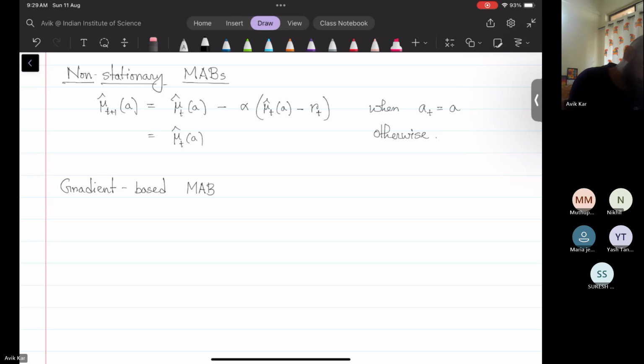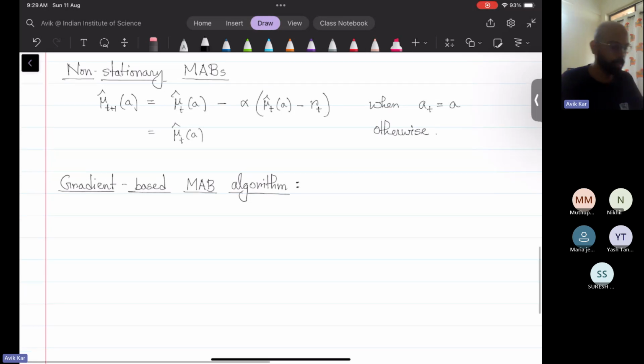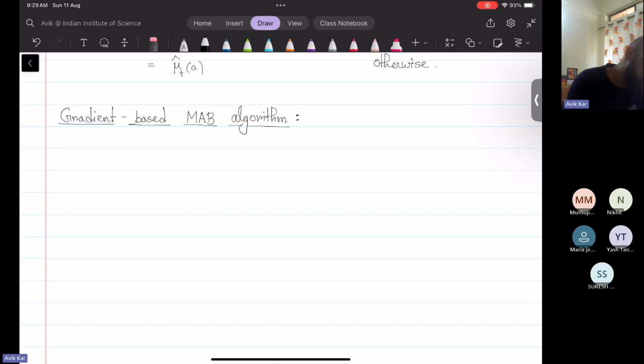Okay, so I'll try it today itself. But I have not coded it yet, so I have to code it here with your help. That may take some time.